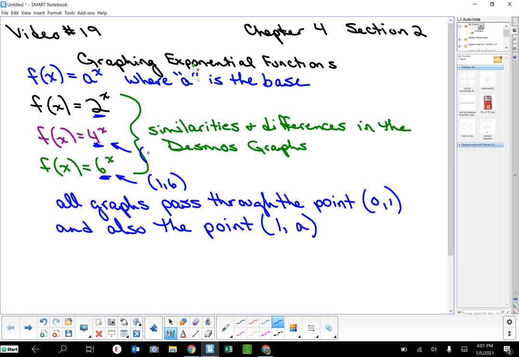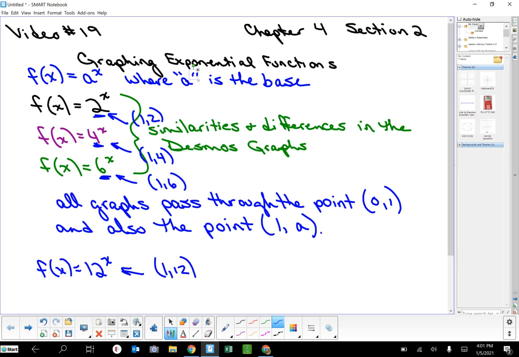This graph passed through the point 1, comma 4. This graph passed through the point 1, comma 2. When I did f of x equals 12 to the x, that passed through the point 1, comma 12. Remember, I pre-plotted that point and it passed through there. So that is the similarities.